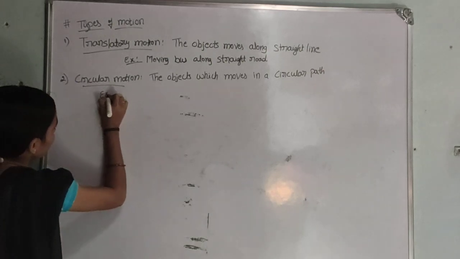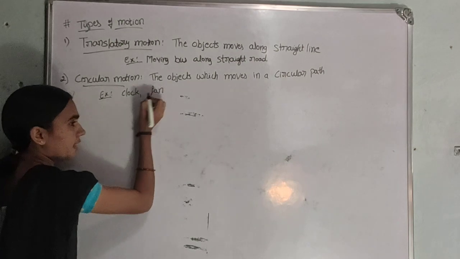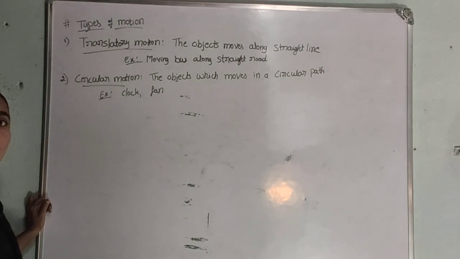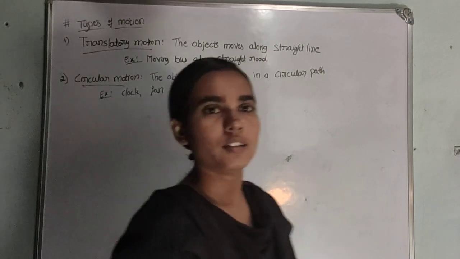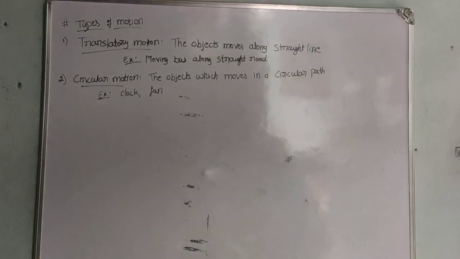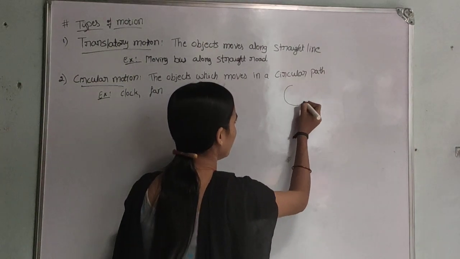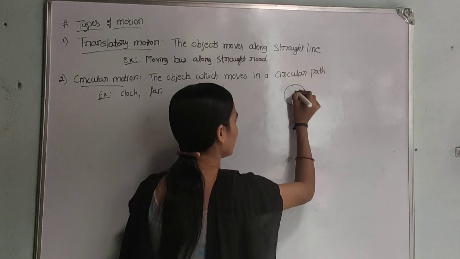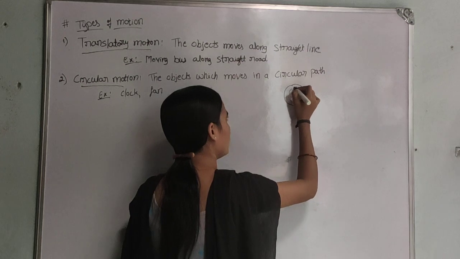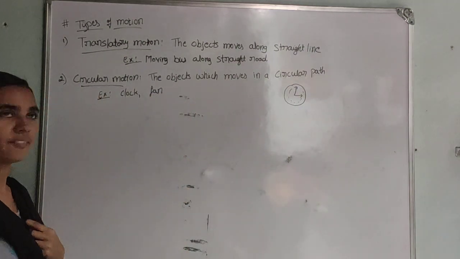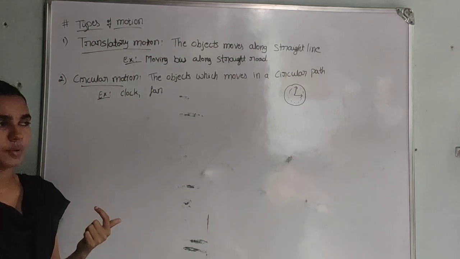Examples of circular motion are a clock and a rotating fan. If you observe the clock, the hands of the clock move in a circular path, like this or like this. And the wings of a fan also rotate in a circular path.